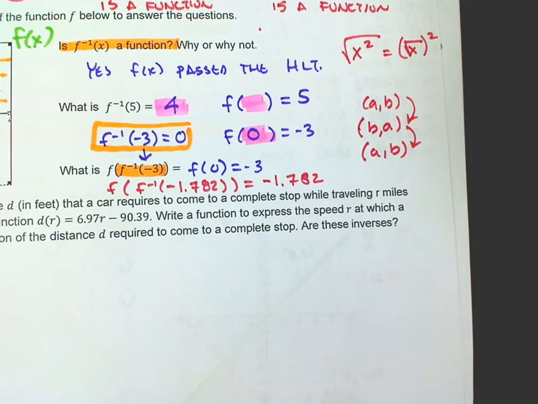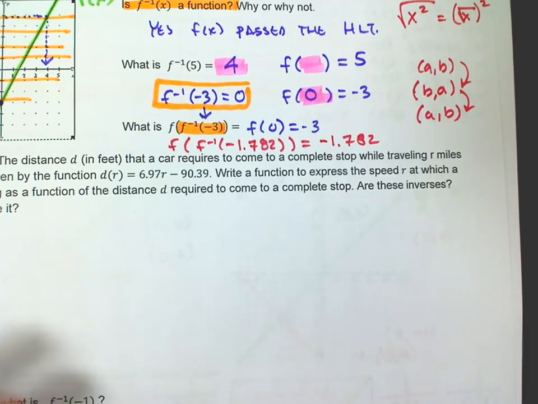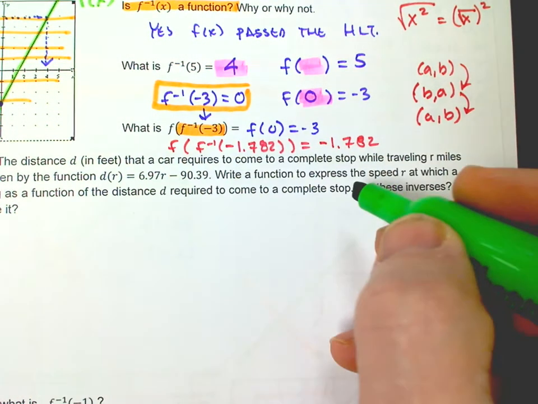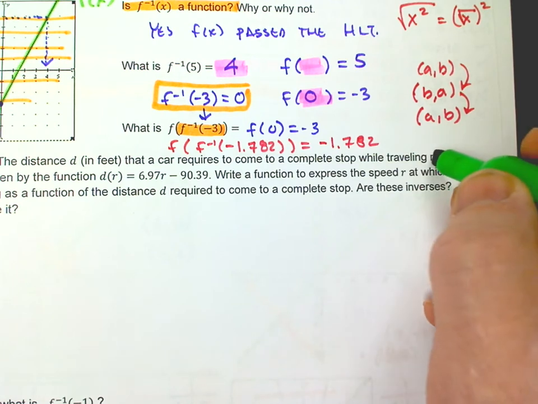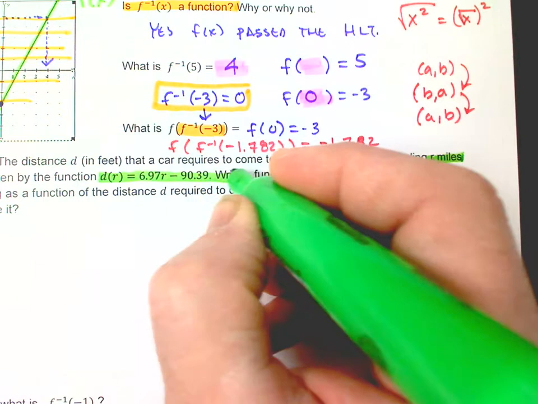Okay. Let's take a look at an application problem here. It says that a car requires a certain distance to come to a complete stop, where this distance is based upon r, which is the rate at which it's traveling in miles per hour.